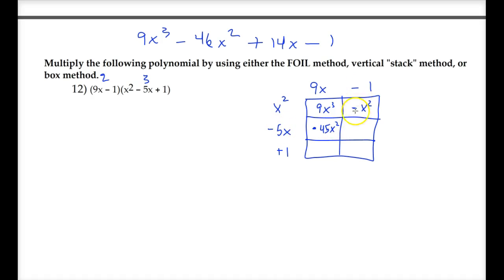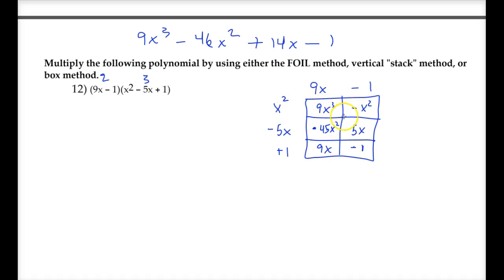Negative 5x times a negative 1 is a positive 5x. And 1 times 9x is 9x. Try to fit it in here. And 1 times negative 1 is a negative 1. Okay? So from that point, we move in diagonals to add everything up.